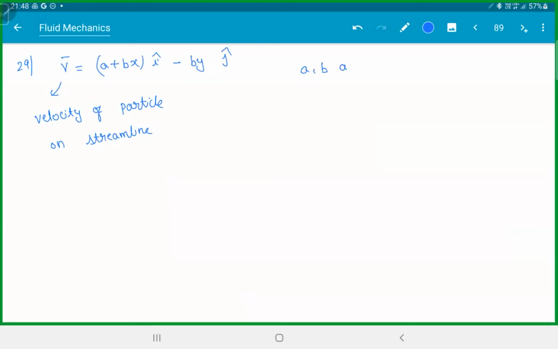Suppose I give you velocity v is equal to (a plus bx) i cap minus by j cap. This is the velocity of the particle on a streamline. a and b are constants. Find the equation of the streamline.